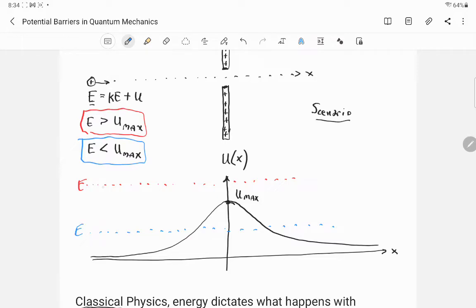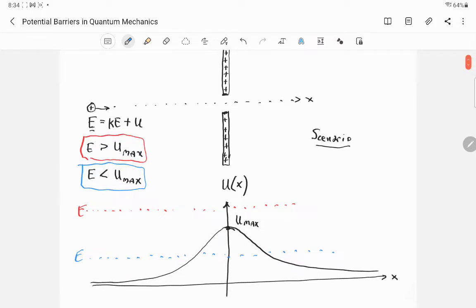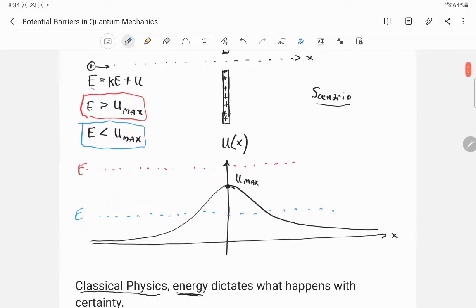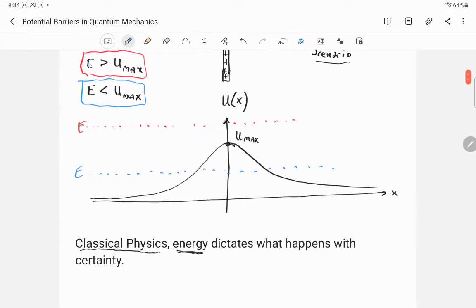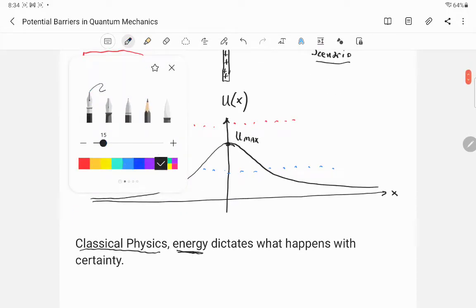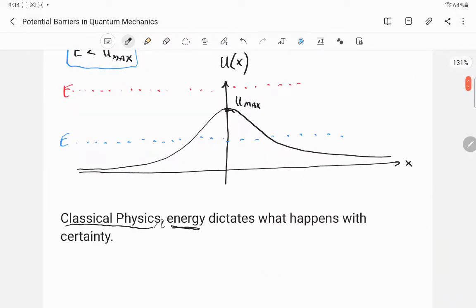The red energy line represents our little particle coming in hot. It's got a lot of kinetic energy. But the blue one represents the situation where our little particle is maybe ejected by some cold object with a small amount of kinetic energy. So here is the statement of what, in classical physics, energy is going to dictate.